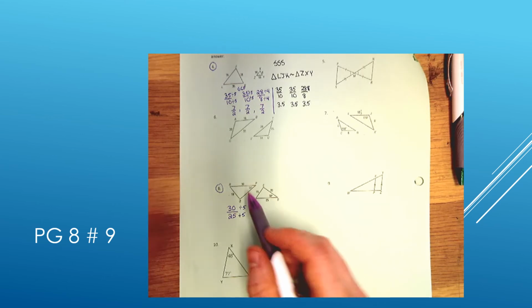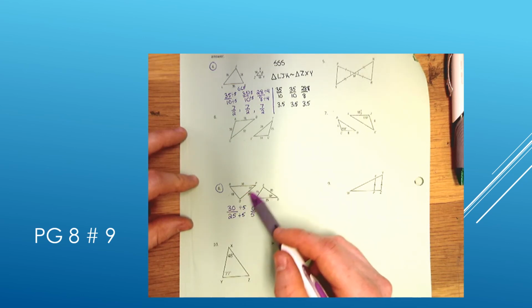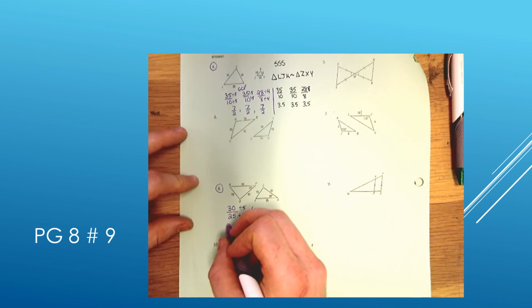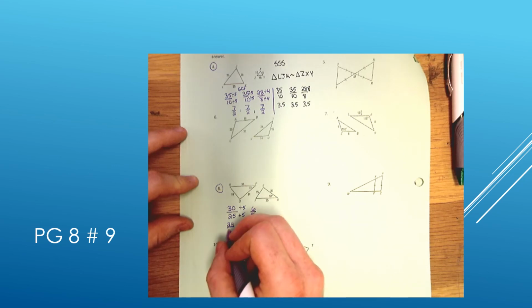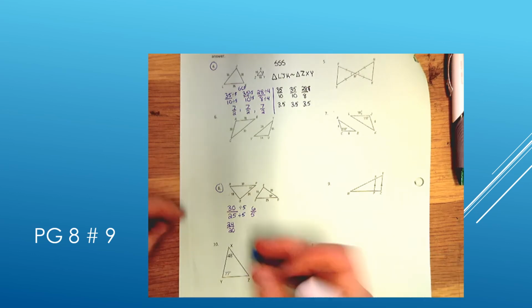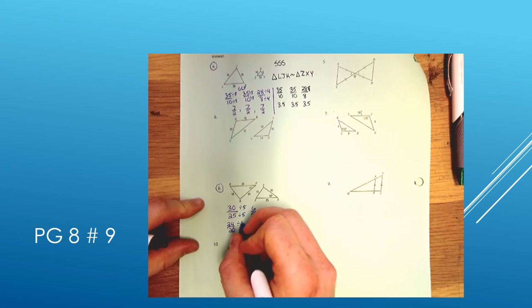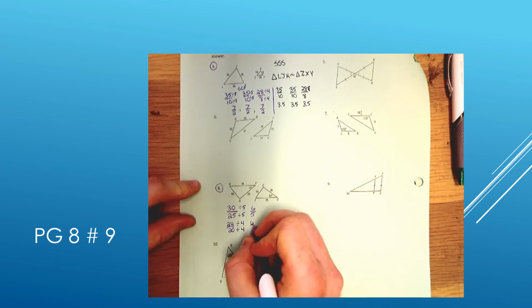Now, so I did the longest side with the longest side. Now let's do the one that's in the middle. So this one, 24. So I have 24 over, and 24 is going to go with the next biggest one here, which is 20. So now I find my GCF, and the GCF for this one would be 4. So I'm going to divide each one by 4, and I'm going to again get 6 over 5.